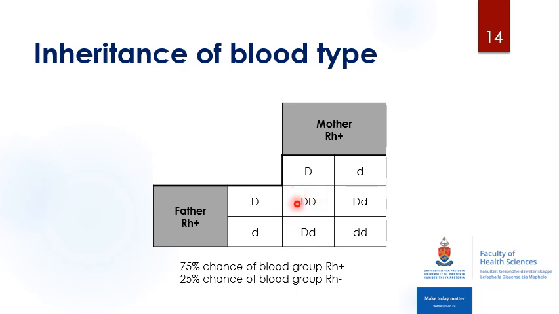So you can produce a child that is rhesus factor positive and carries 2 copies of the dominant gene, or you can produce a child that's rhesus factor positive and carries a copy of the recessive phenotype. And then it's also possible to produce a child that's rhesus factor negative and has 2 copies of the recessive phenotype.